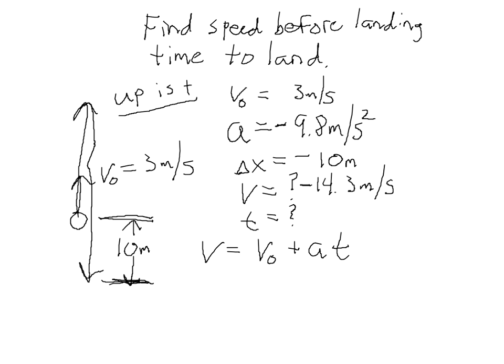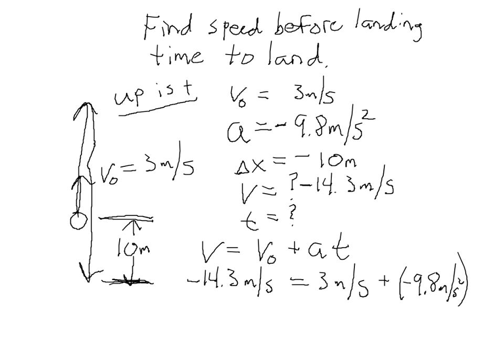Because we know v, it's negative 14.3 meters per second. That's equal to v0, which is a positive 3 meters per second, plus a, which is negative 9.8 meters per second squared, times t.